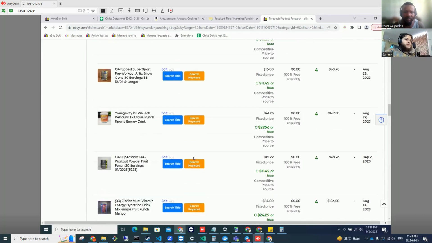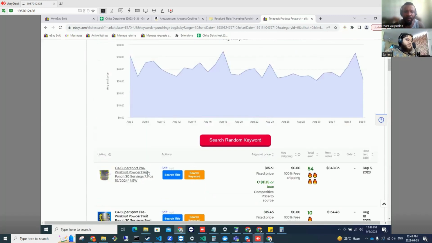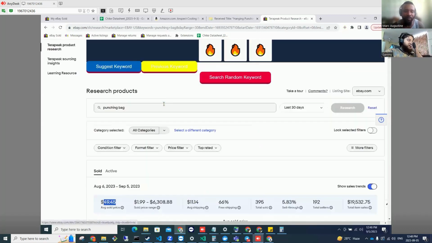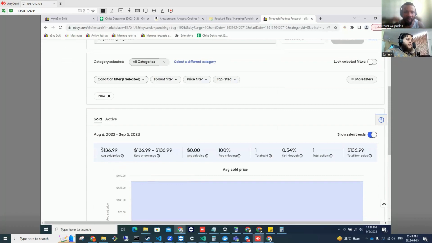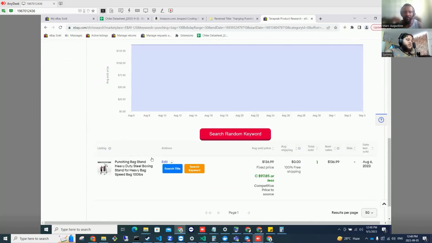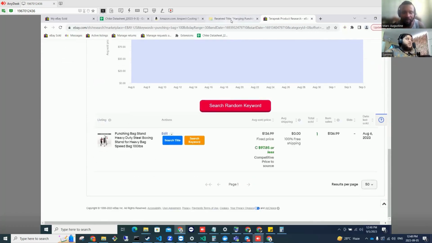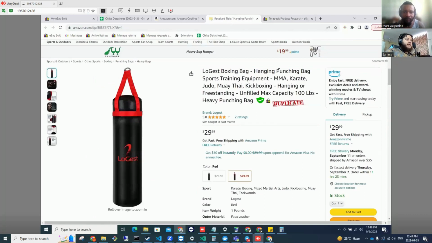These are not punching bags. Are these punching bags? 100 pounds. Great idea. Oh, even crazier results. 130. What is our title? Hanging punching bag.